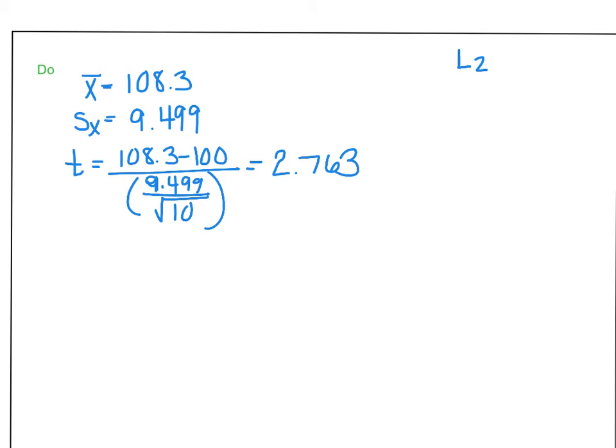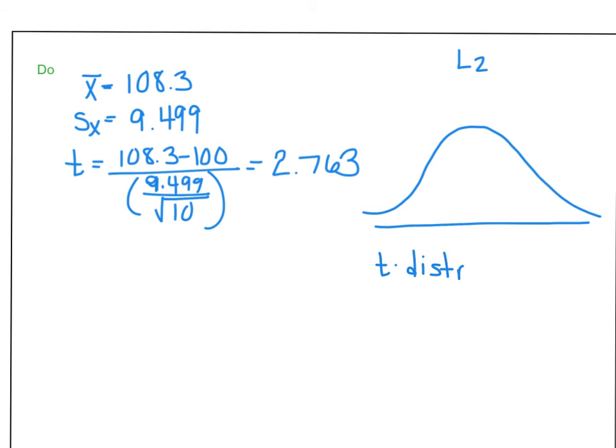And I'm going to sketch my picture here. I'm going to label this. Again, it looks a lot like a normal curve, but if you remember, there's more area in either tail. It's a little flatter, so it's a t-distribution with degrees of freedom equal to 1 less than my sample size, so 9 degrees of freedom.